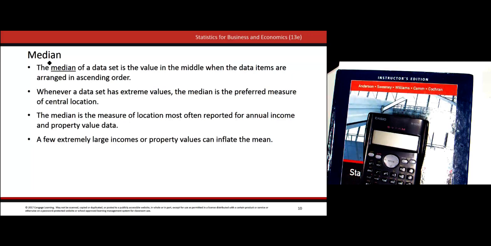In order to calculate the mean, you include every single observation, so extremely large incomes or property values can inflate the mean. That's why, if you have extreme values in the data set, the median is the preferred measure of central location.